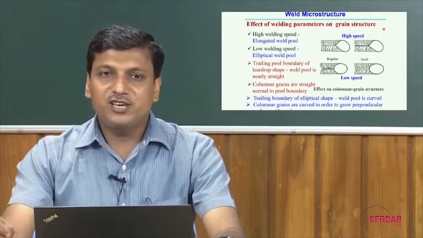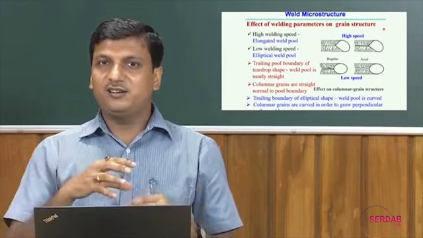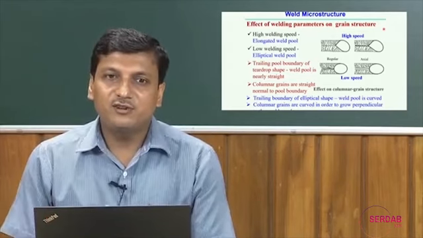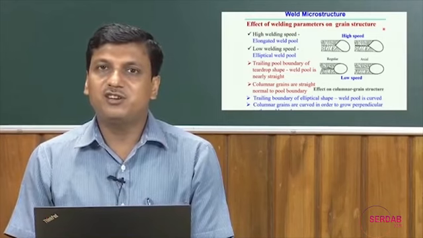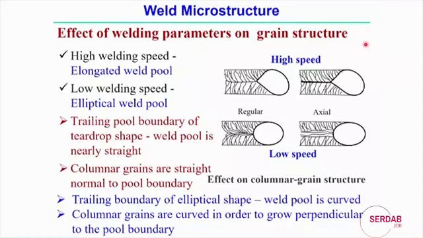At high welding speed, the typical weld pool is elongated, or sometimes a teardrop can form. In the first figure, this is what an elongated weld pool looks like at high speed, when the heat source moves in one specific direction during welding.